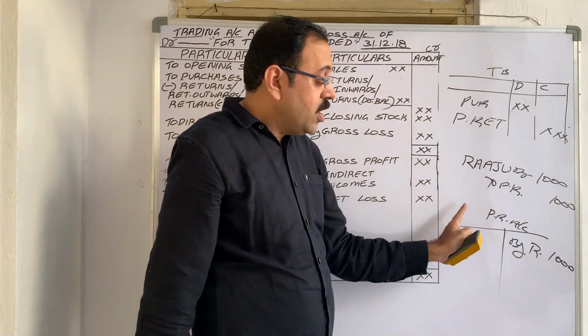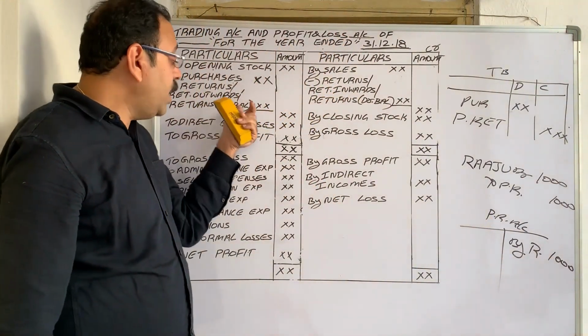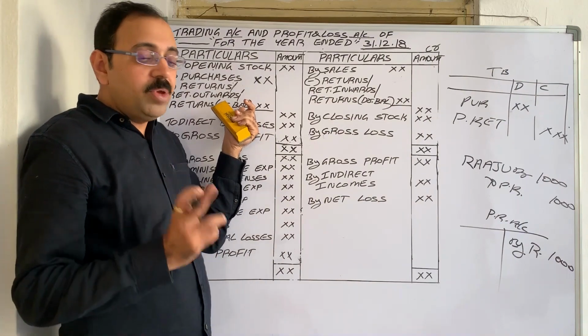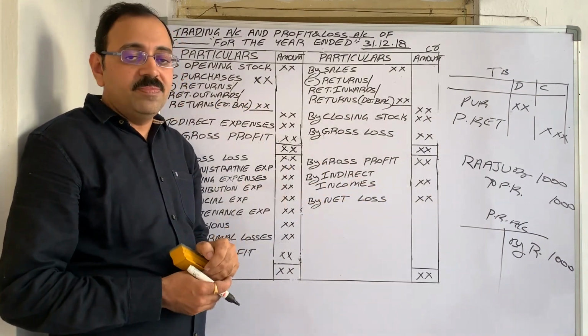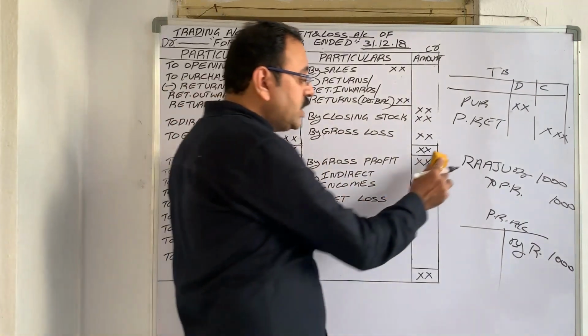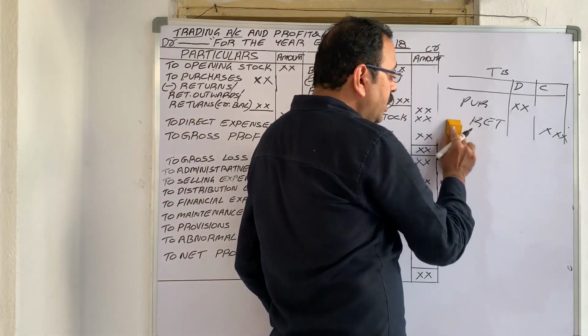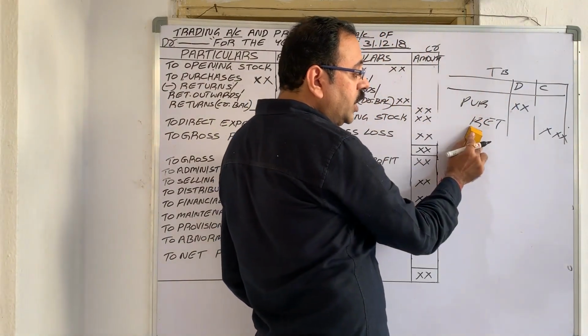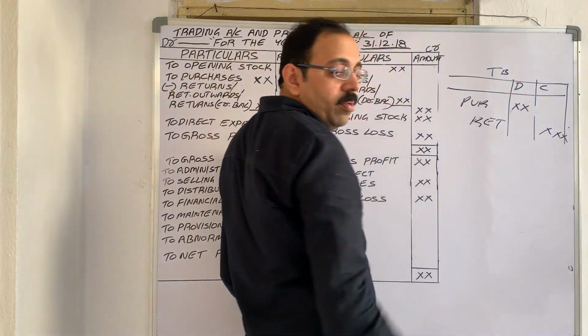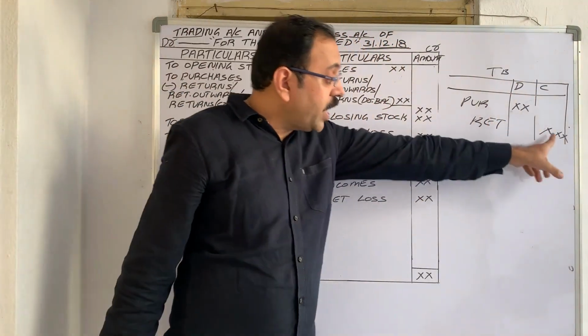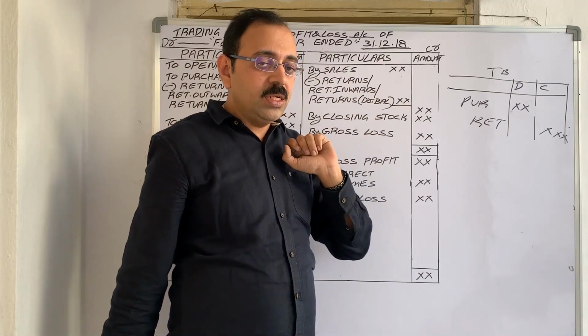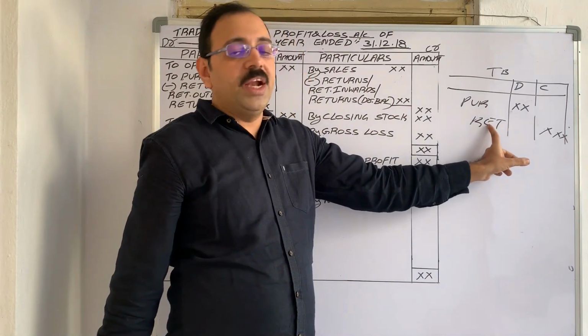So remember, when returns credit balance is given, the meaning is it is a purchase return. Otherwise, in the trial balance he may give only the word returns and the amount in the credit column. Which returns does he give in the credit column? Purchase returns. In that manner also you can identify.